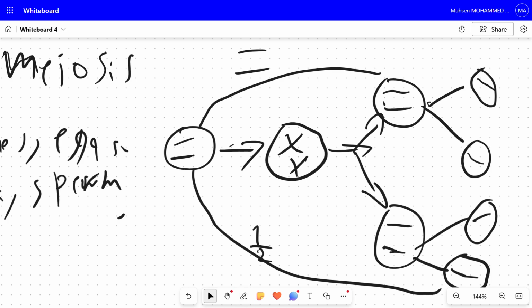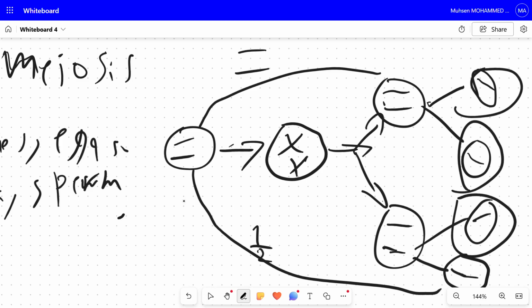This is the reason for having half of the genes come from the mother and half come from the father. And this is the process of meiosis. It's simple and produces the gametes, as these four are the gametes, as we mentioned.